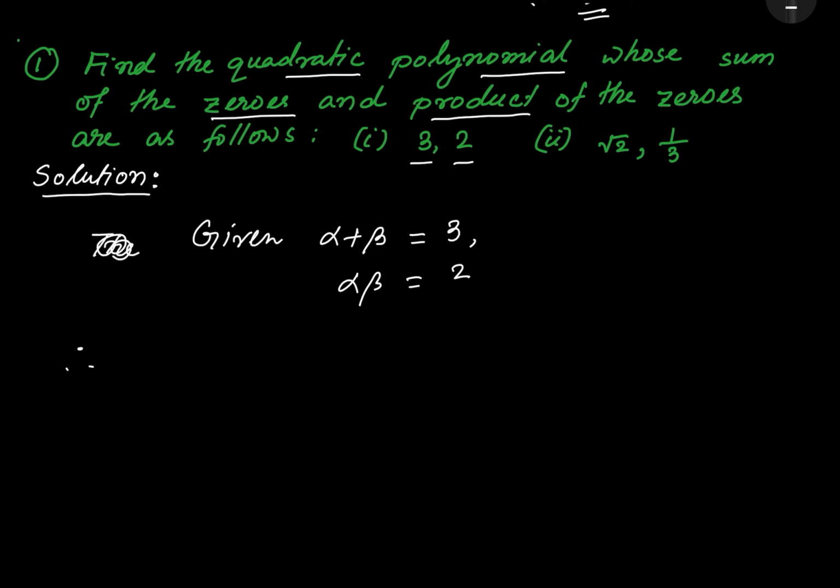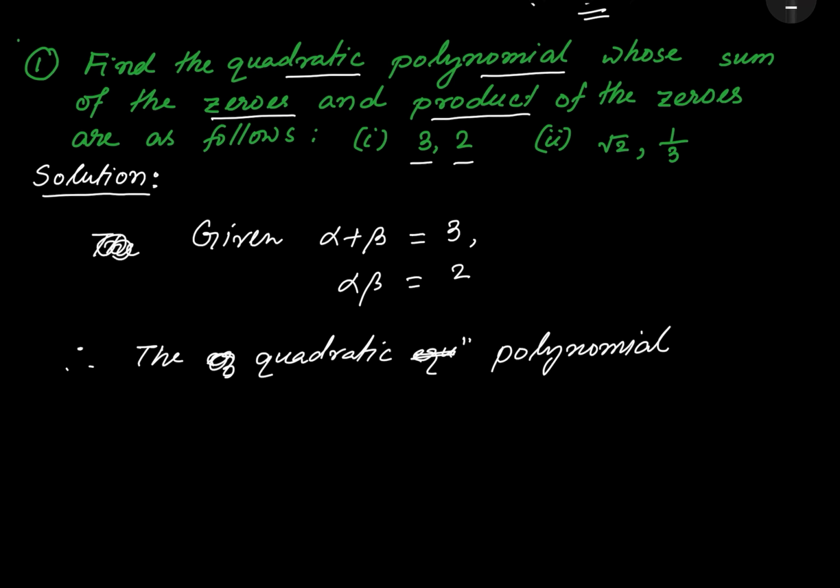So therefore the quadratic polynomial is x square minus alpha plus beta into x plus alpha beta.